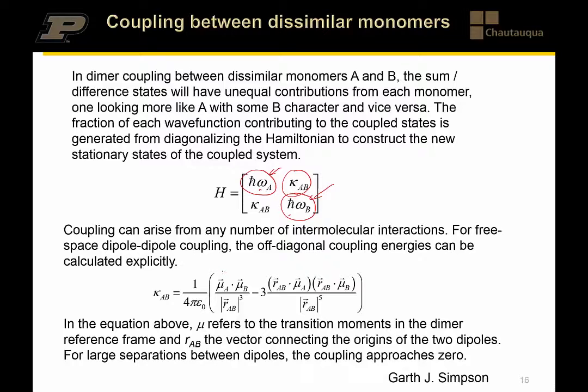So if you've got a permanent dipole for A and a permanent dipole for B, then the energy associated with that dipole-dipole interaction is given by this expression. And that's just based on geometry. As long as you know the relative distances and orientations of those two transition moments, it's fairly straightforward to analytically calculate what kappa should be for any two dissimilar monomers.